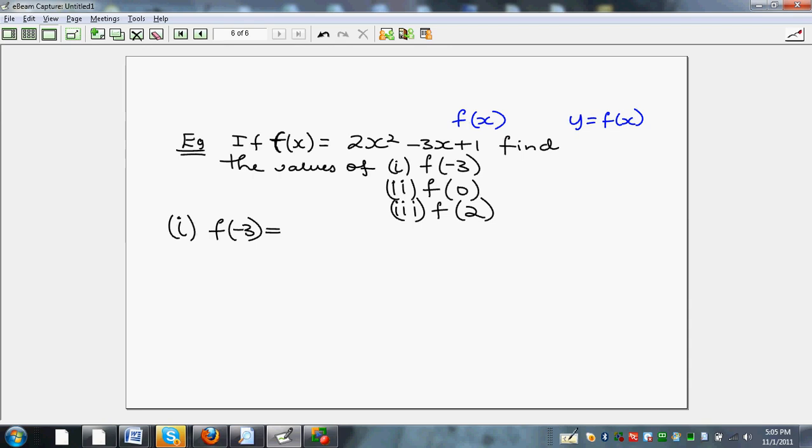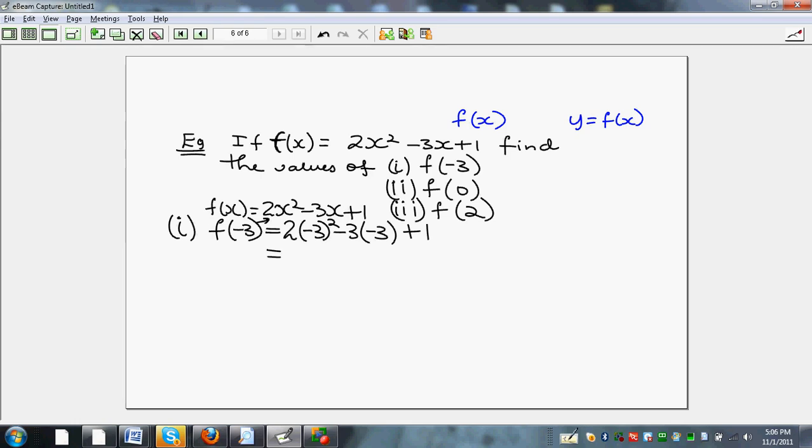So if f of x is 2x squared minus 3x plus 1, all we are going to do is replace this x with the minus 3. So what we'll have is 2, and instead of x squared, we'll write minus 3 squared. Then minus 3 multiplied by x. Instead of x, we'll put minus 3. Plus 1.